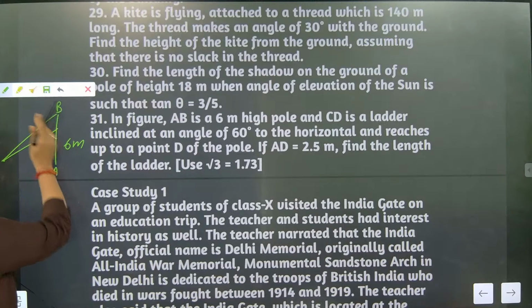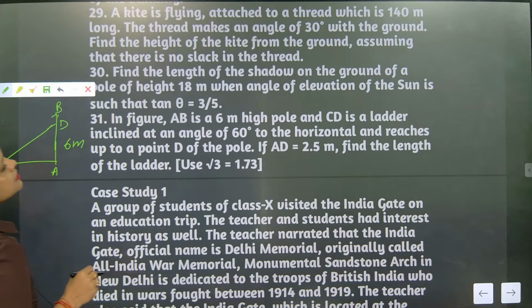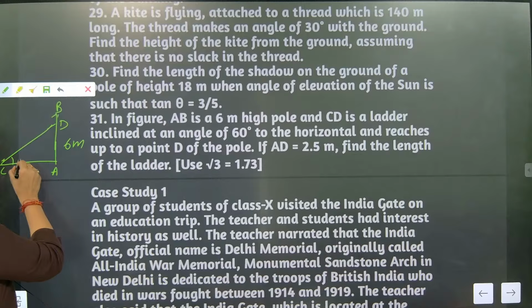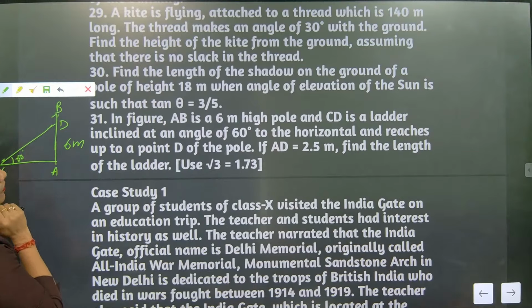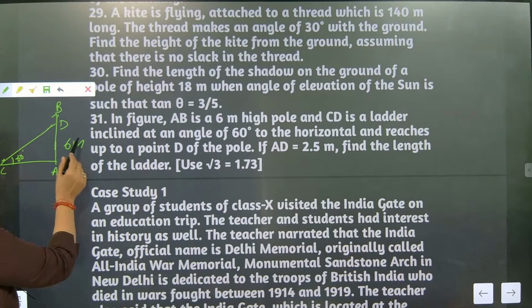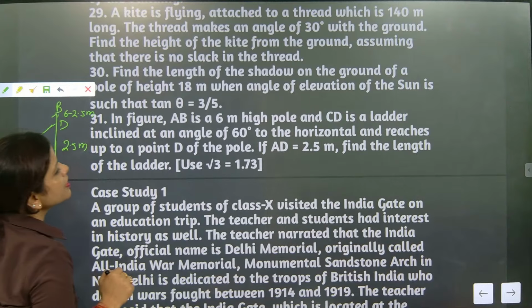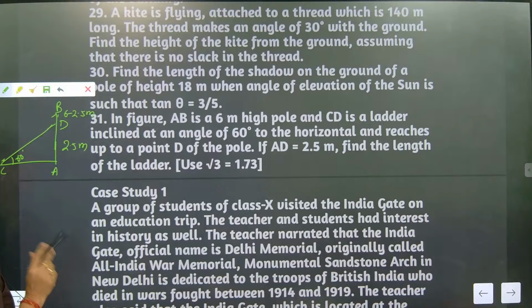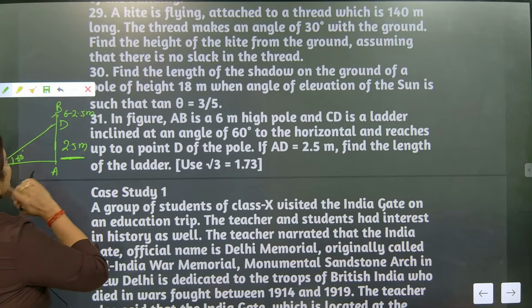So CD will be inclined like this, not like this. AD is given as 2.5 meter. Find the length of the ladder.